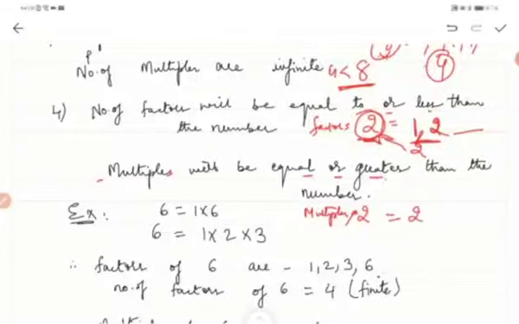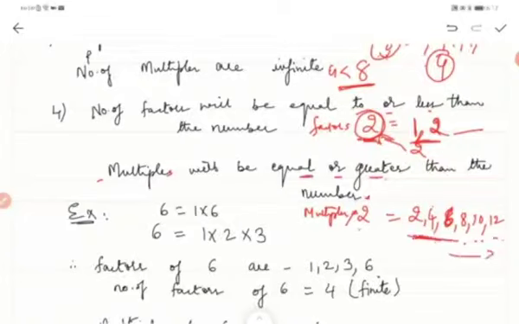You need to take your table. 2, 4, 6. 2 ones are 2, 2 twos are 4, 2 threes are 6, 2 fours are 8, 2 fives are 10, 2 sixes are 12, and so on. All these are multiples of 2. So multiples of 2 will be equal or greater. You cannot know how many multiples you have, that is, infinite multiples are there. So obviously the number of multiples will be either equal to or greater than the number itself.